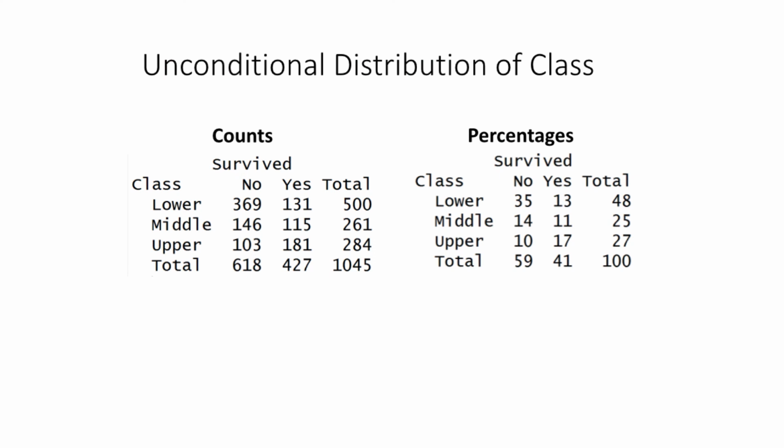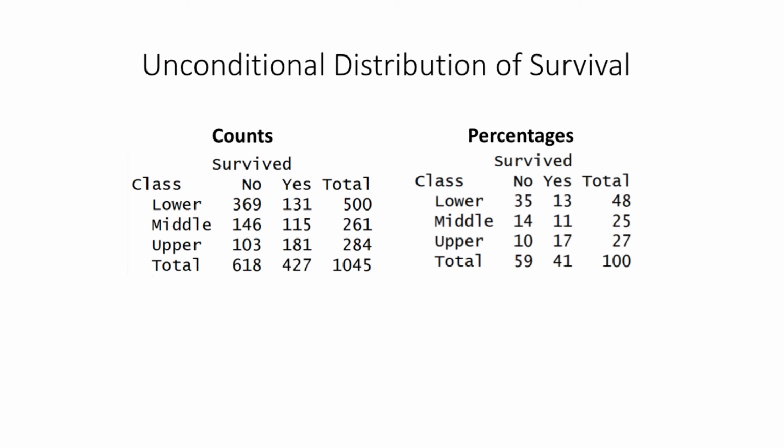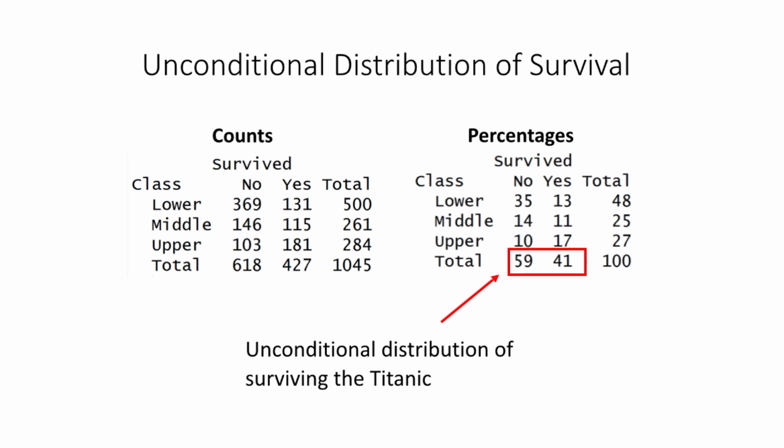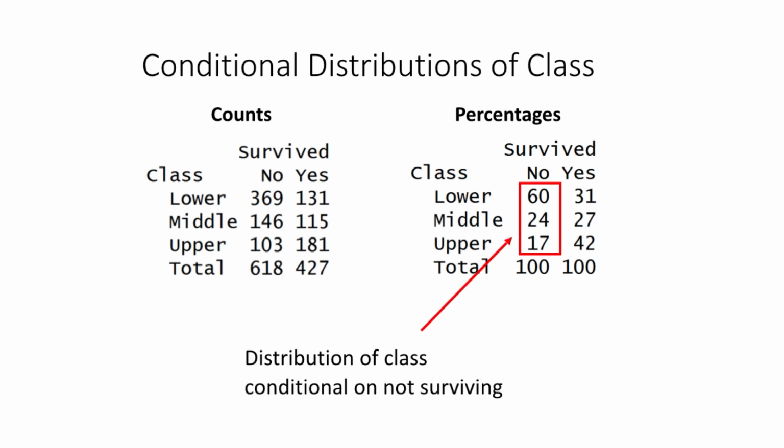Here's the unconditional distribution of class that we've highlighted, and here's the unconditional distribution of surviving the Titanic. The joint distribution is given by the particular cells, and this adds up to 100. Conditional distributions are given here.